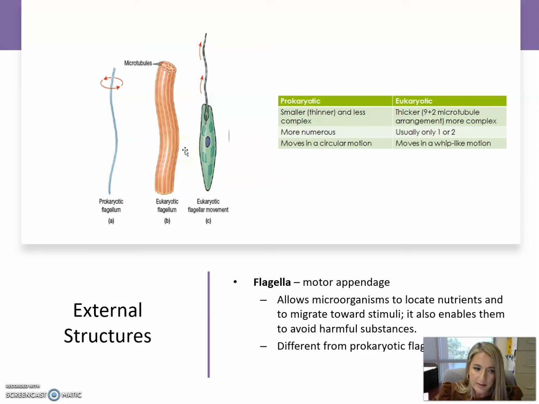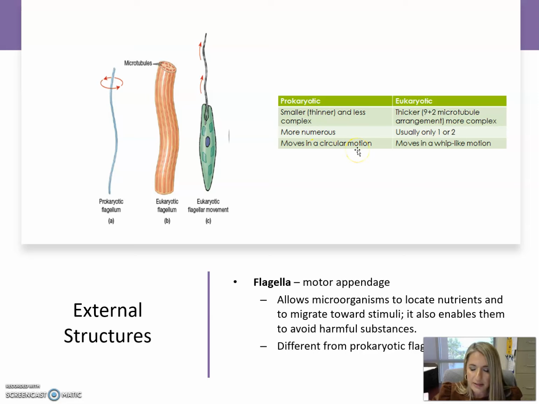Eukaryotic cells typically just have 1, maybe 2, but no more than that, which makes sense because with prokaryotic cells, their flagella are much thinner, so they need more of them to get a good range of motion, whereas with eukaryotic cells, their flagella are much thicker, much more complex, so they don't need as many of them to still get that same degree of movement.